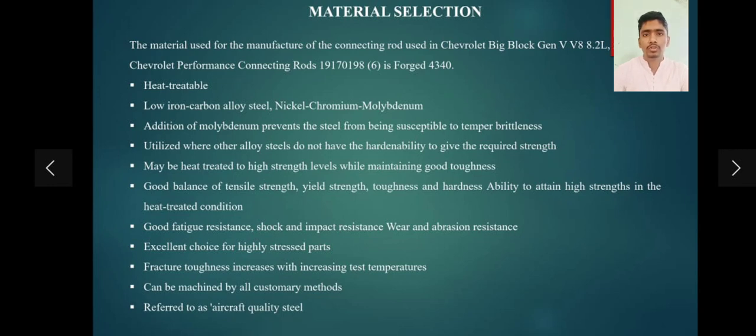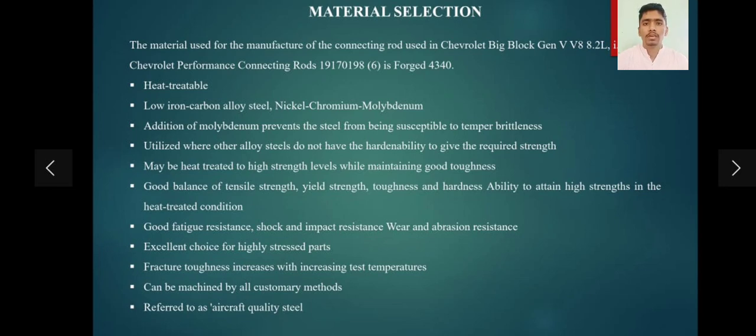The material used for manufacture of the connecting rod used in the Chevrolet block generation V 8.2 L, that is the Chevrolet performance connecting rod, is forged. Characteristics of AISI 4340 forged steel: heat treatable, low carbon alloy steel, nickel chromium molybdenum.